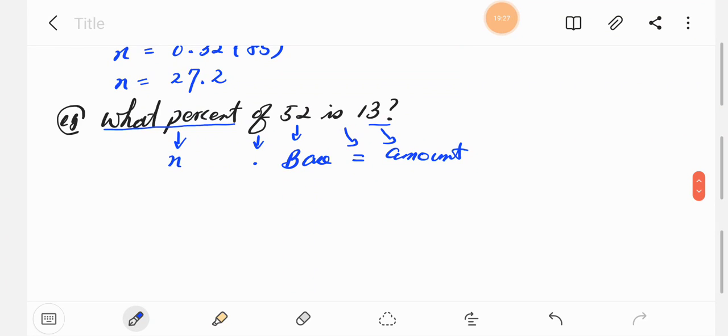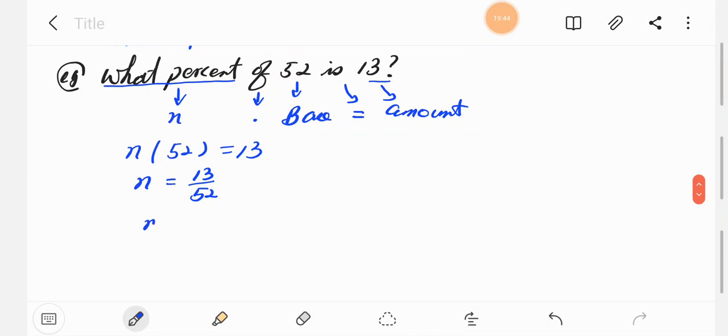So write it in our equation: n times the base 52 is equal to 13. Then divide each side by 52, and this becomes 1/4.